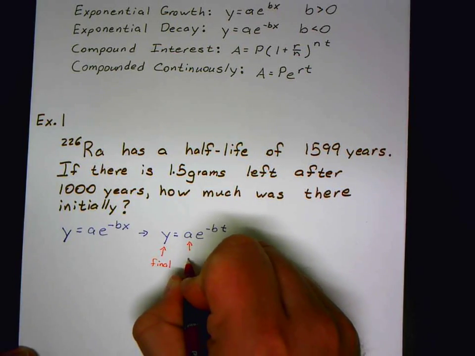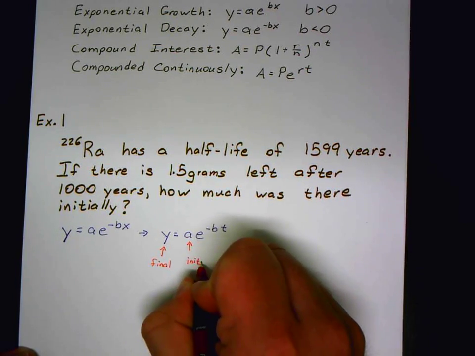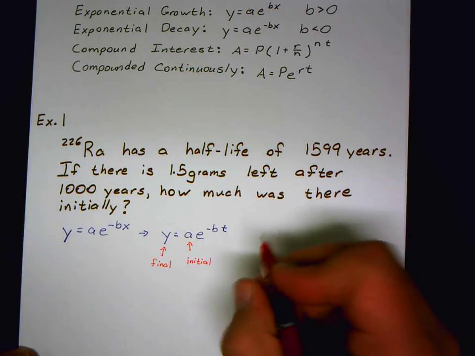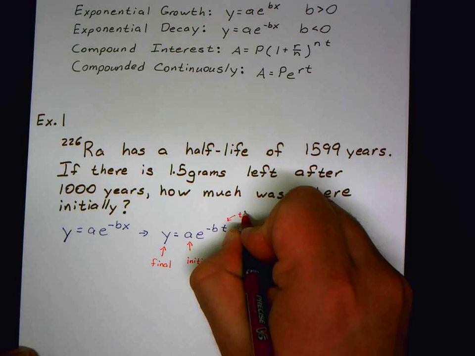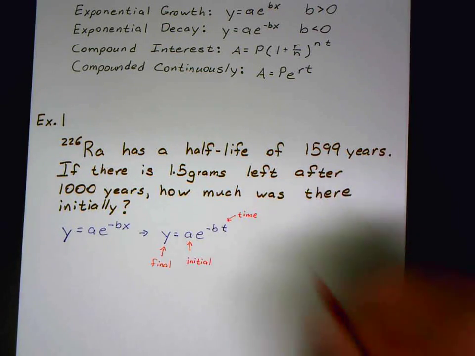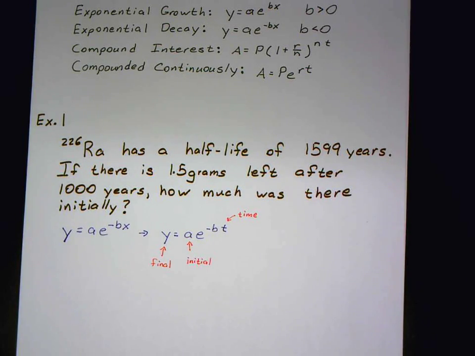This is our initial amount. And t is time. What that leaves is B kind of undefined in a lot of these equations. B most of the time is some constant that they're going to give you. Now, in these half-life formulas, they don't give you B because B is different for every type of element.